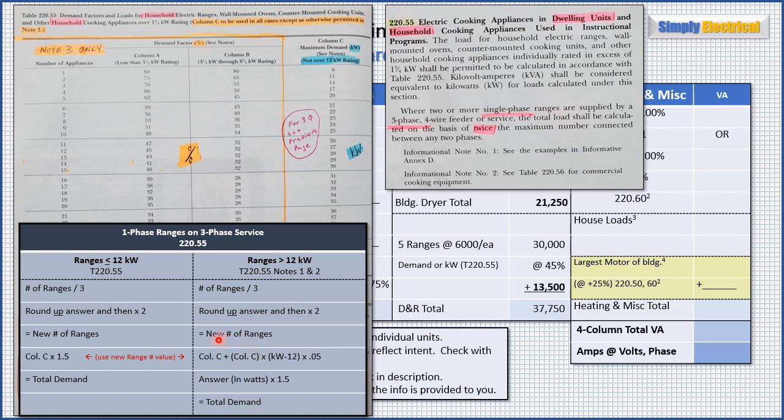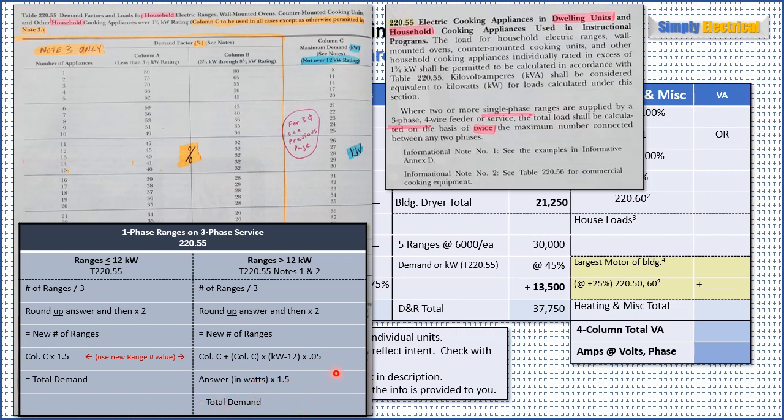So you take your new number of ranges, plug it into the table, get your new column C value, and you put that value here, and you're going to add it to all of this once you multiply this together. So you're going to take that same value times your kilowatt rating minus 12 and multiply that by 0.05. Once you do that, you add it to this column C value, and you'll get an answer in watts. Multiply that answer by 1.5, and that'll give you your total demand.